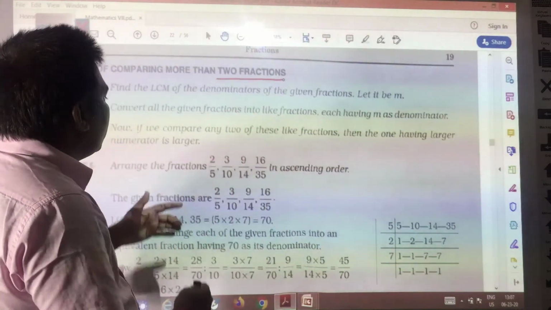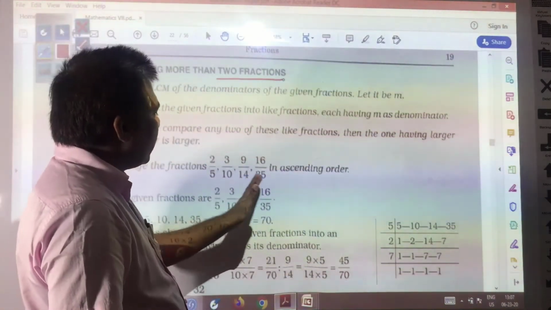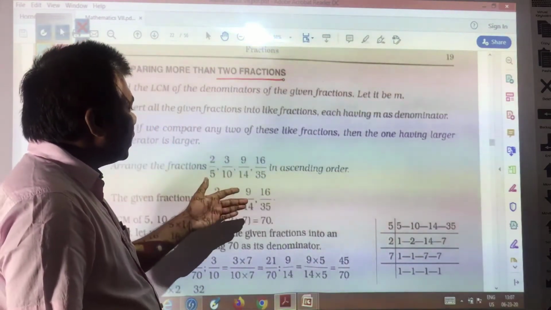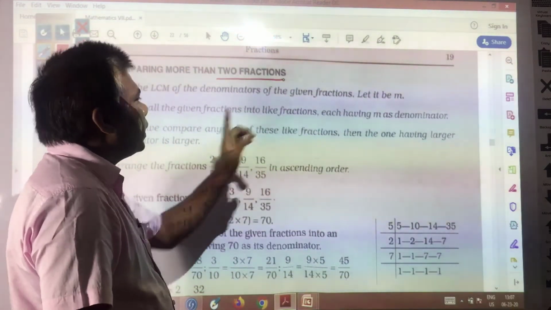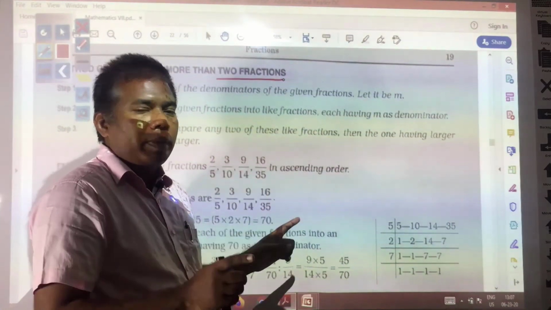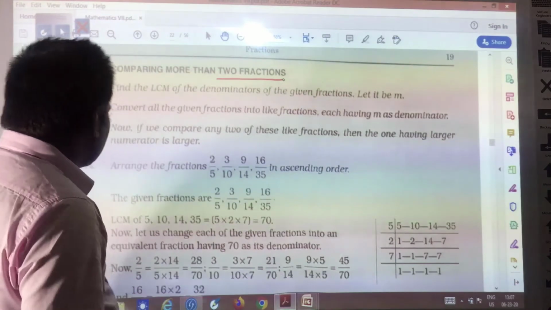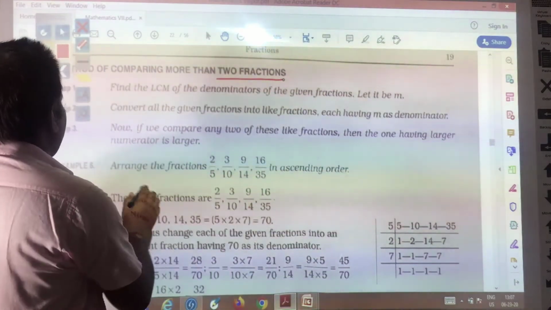So, now what you need to do, all the fractions that have been given, you need to convert into fractions having the same denominator m, or like fractions, and then you compare.